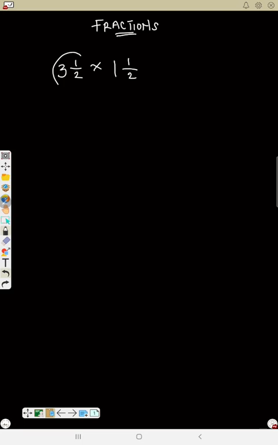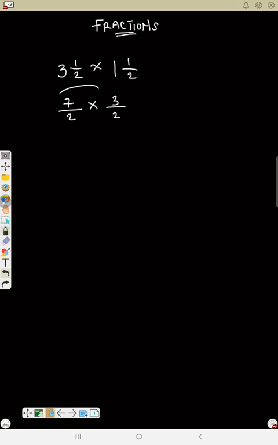First thing, change everything to improper fractions. 3 times 2 is 6, plus 1 is 7 over 2, times 1 times 2 is 2, plus 1 is 3 over 2. Here the LCM is 4, but if you go and do LCM here, it's trouble. So we don't do LCM in multiplication.